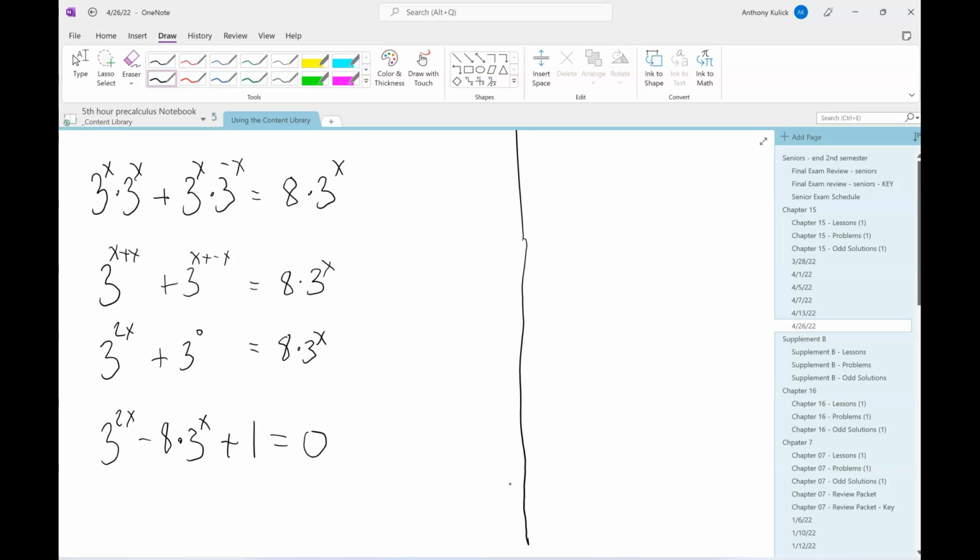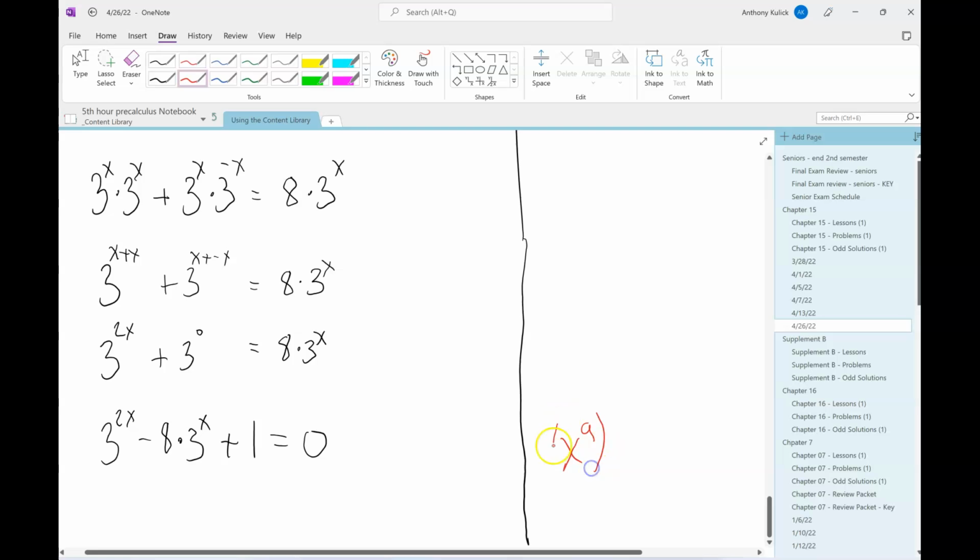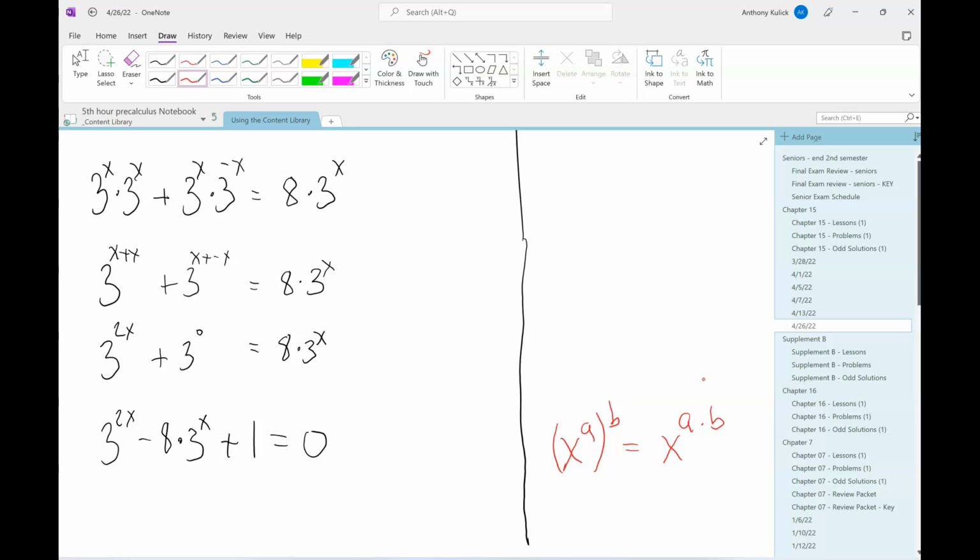It turns out that if I think about this in the right way, this is in the quadratic form. So, if you remember this property of exponents, that for the exponent of an exponent, we multiply exponents. You guys remember that property?